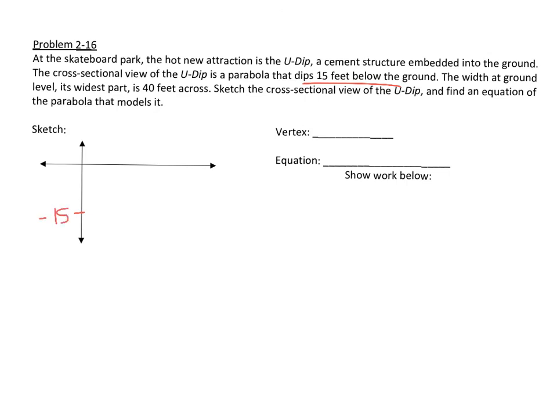And the width at its widest part is 40 feet across, meaning from the opening to the other side is 40. And then it dips down to negative 15. So here's the sketch of it. And then you've got this vertex at, if it's a total of 40 feet across, then right in the middle is 20. 20, negative 15.